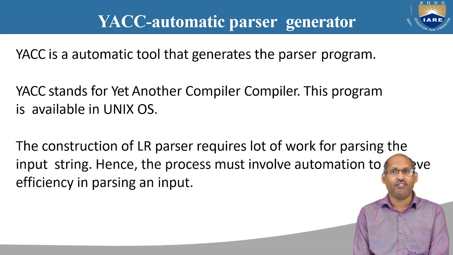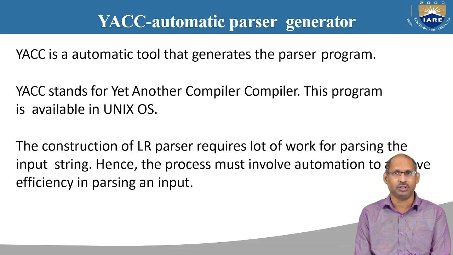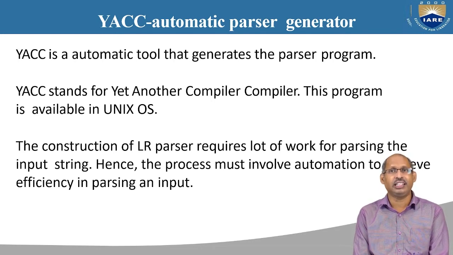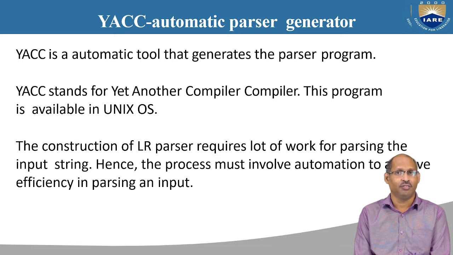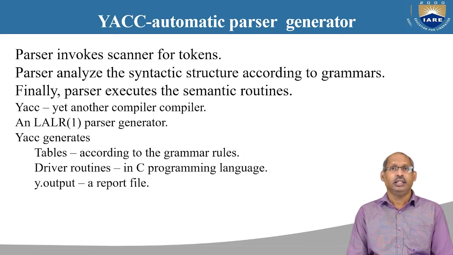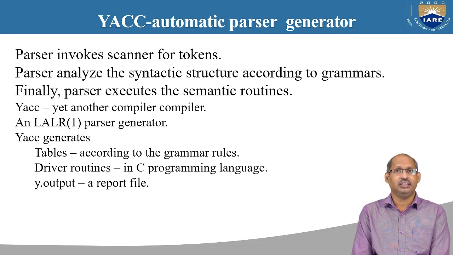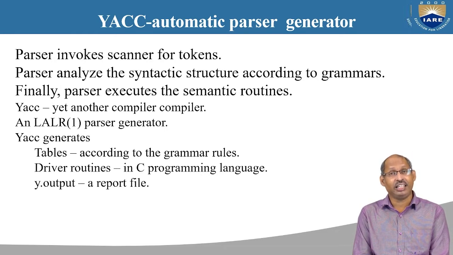So the construction of LR parsers requires a lot of work for parsing the input string. Hence, the process must involve automation to achieve efficiency in parsing the input. Right? So we use LR parsers in the construction of YACC. Here, the parser is in communication with a scanner.